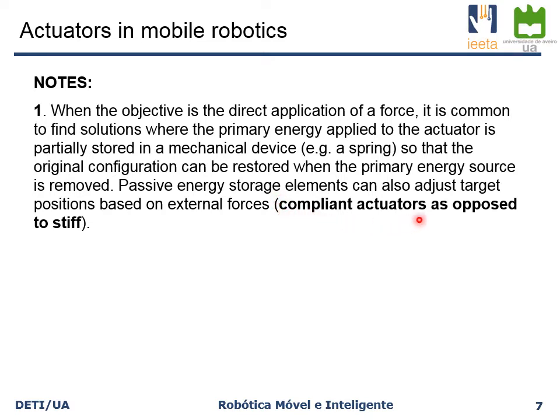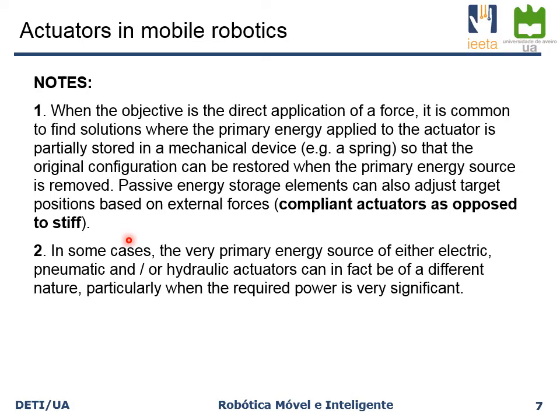One type that we call compliant actuators, which means that the actual force that is exerted is somehow limited, so that if there is a counter force that opposes a movement, the actuator won't force above a certain level. And these actuators are opposed to what we call the stiff actuators, that will apply the maximum possible force to ensure that the final position is reached.